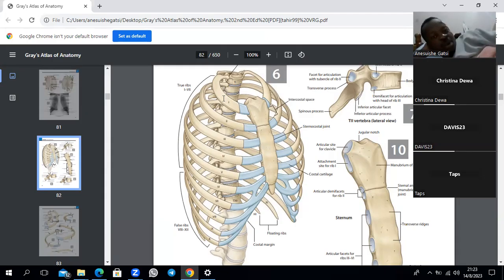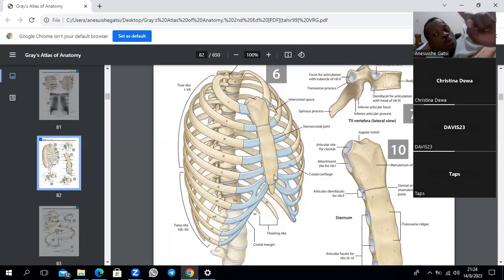For example, rib number 1 here uses its own costal cartilage to articulate with the sternum. Rib number 2 does the same, 3 the same, 4 the same, 5 the same, 6 the same. 7 uses its own costal cartilage. But look at rib number 8, number 9, and number 10. Their costal cartilages are joining the costal cartilage of rib number 7 before they go to the sternum.